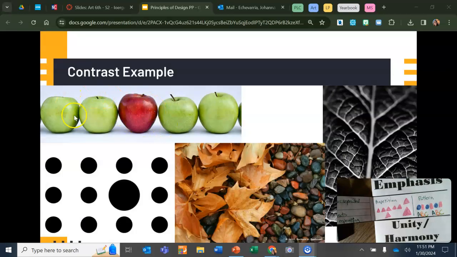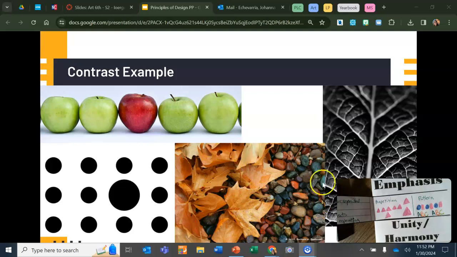So for this first example here, it is complementary colors making this red apple stand out because red and green are complementary. For this bottom one, it's the size of the circle making this one stand out. So that deals with shape. This one, it is color and texture.